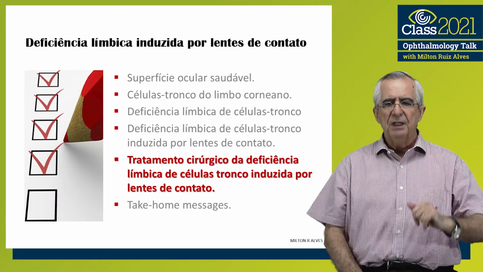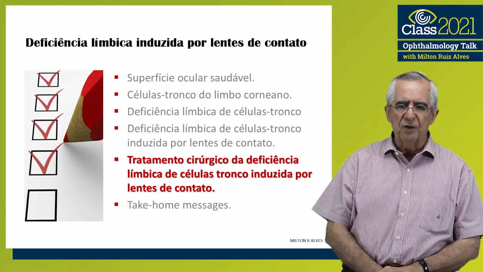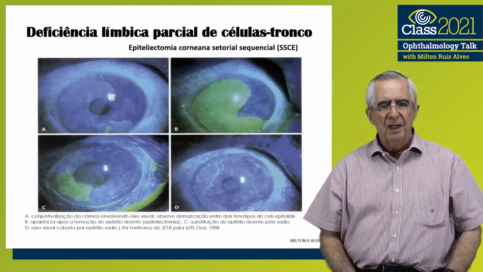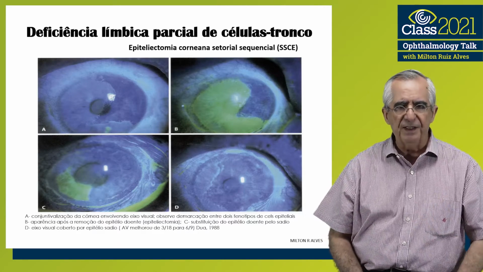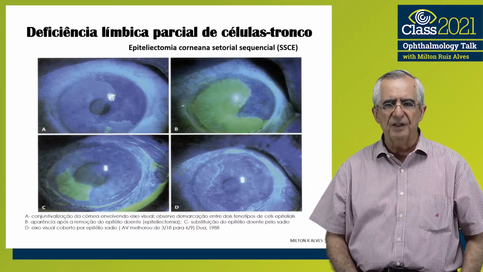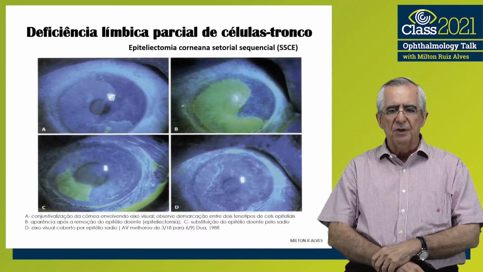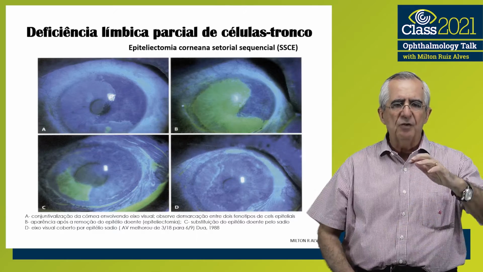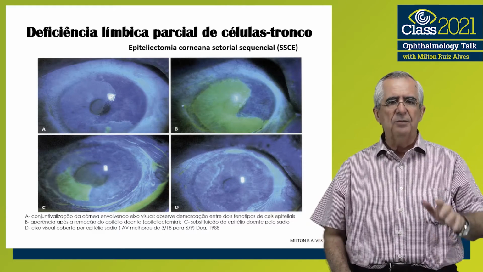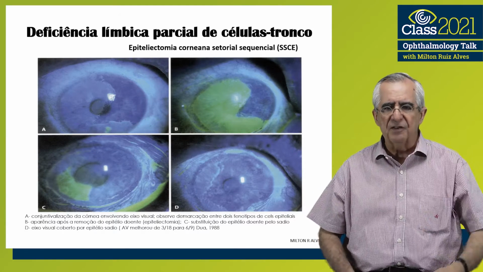And so, what of the surgical treatment of limbal deficiencies? Look, the first proposal that appears here is the sequential sectorial corneal epitheliectomy proposed by Dewar in 1988. In Figure A, after fluorescein instillation, a late impregnation of the compromised epithelium occurs after 2 or 3 minutes.